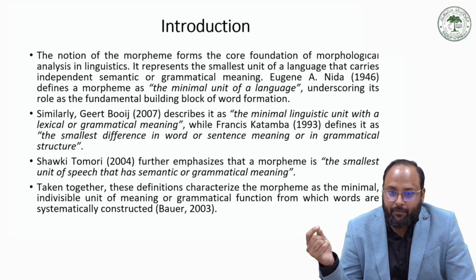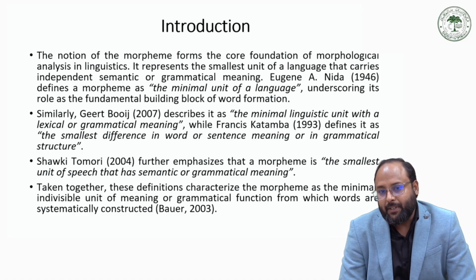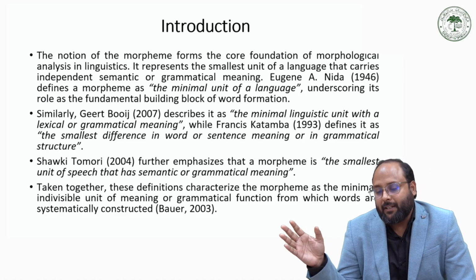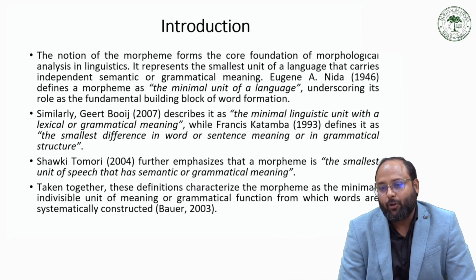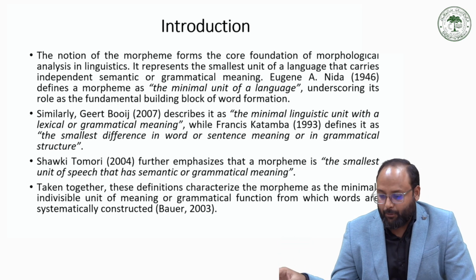If you add some affixes or prefixes, they change the meaning, and these affixes and prefixes occur in different words. On that basis we can determine that it is a particular morpheme.